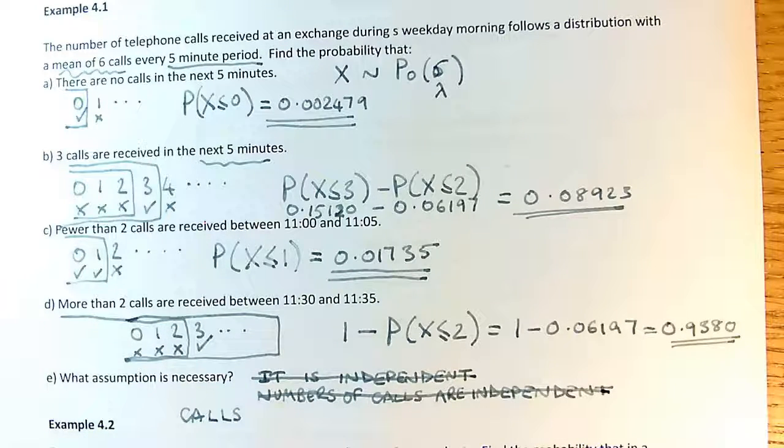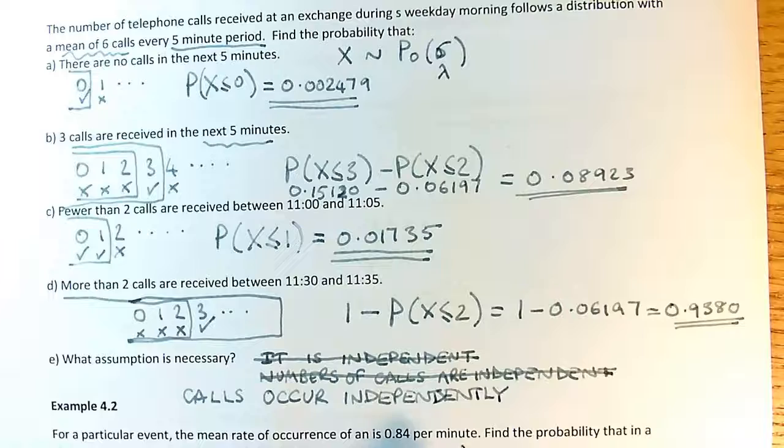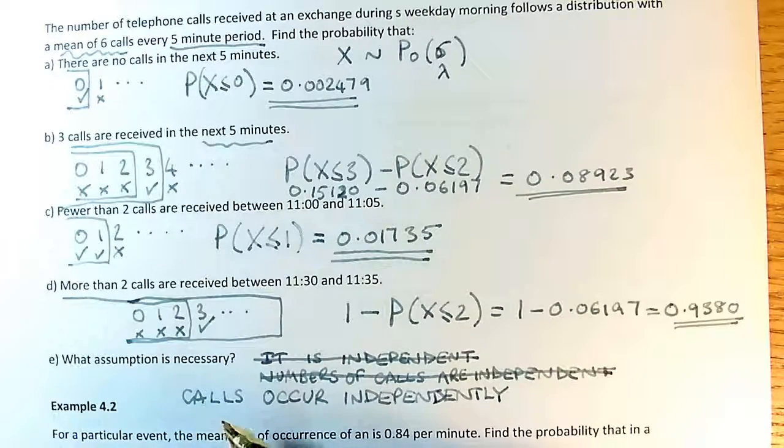So you have to say the calls occur independently of one another. You'd probably be all right with "calls occur independently", which is short to write, but it's actually getting the context correct. It's the calls that have to not affect each other. Numbers of calls don't affect anything. It's the calls that could affect each other, but don't, or we have to assume they don't. End of rant, but do make sure you get this wording right.